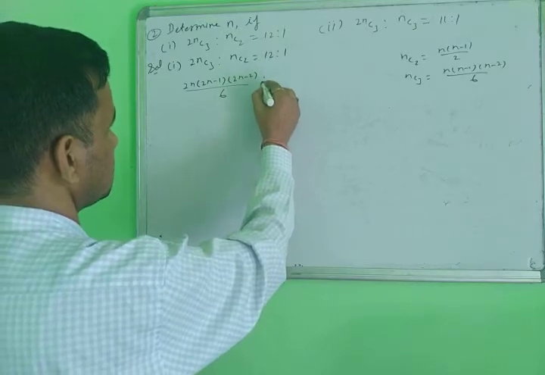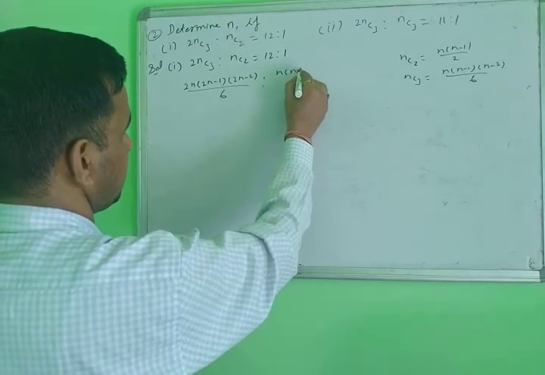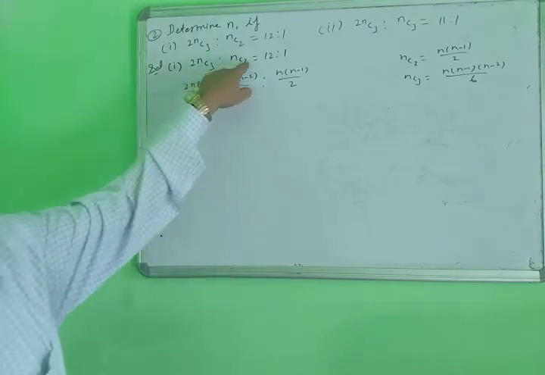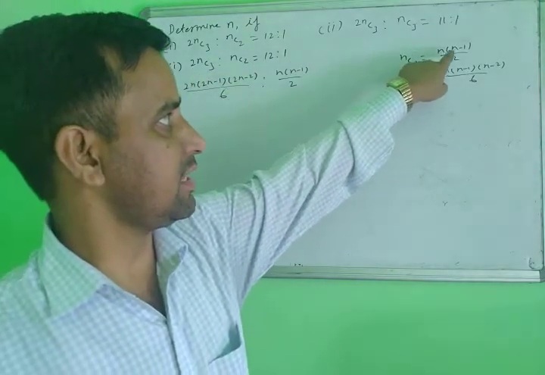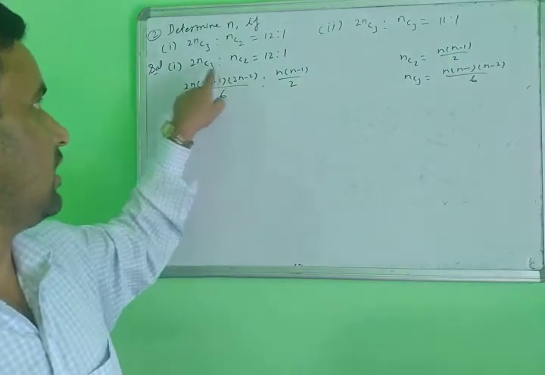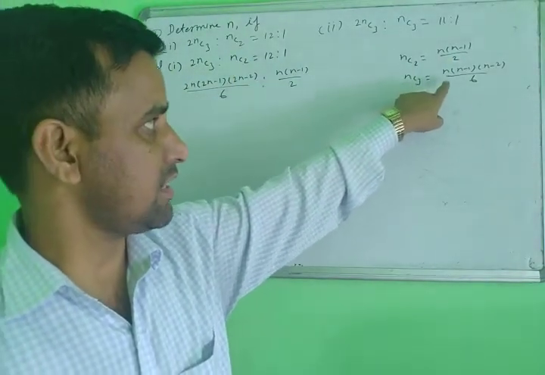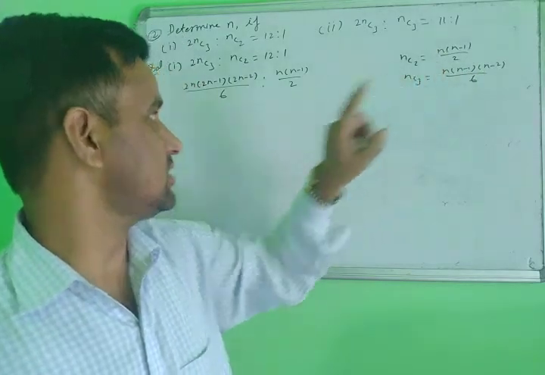Here write nC2, the identity of nC2 is n(n minus 1) by 2, and for nC3 the shortcut trick is n(n minus 1)(n minus 2) by 6.